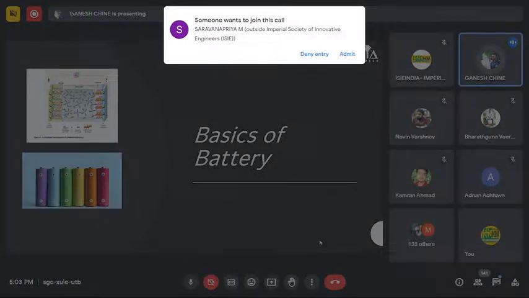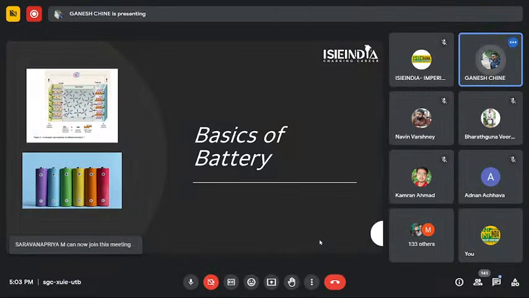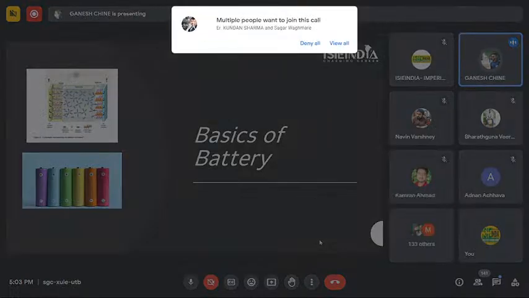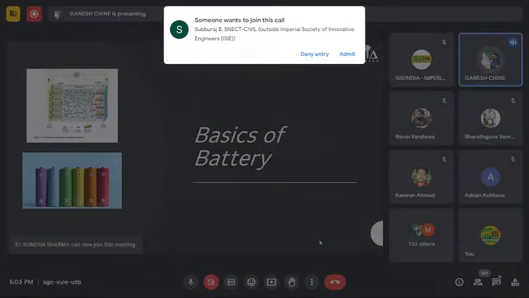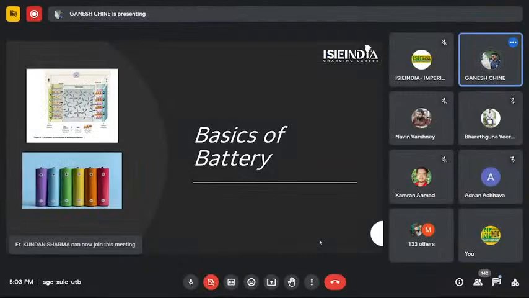Primary batteries are those we cannot use again, and secondary batteries are the rechargeable batteries, which we can charge, discharge, and use multiple times. In secondary batteries, basically we now use lithium-ion batteries.